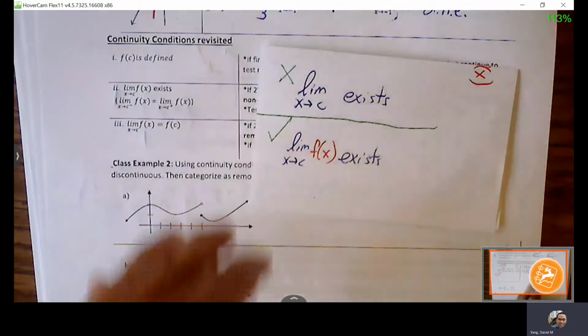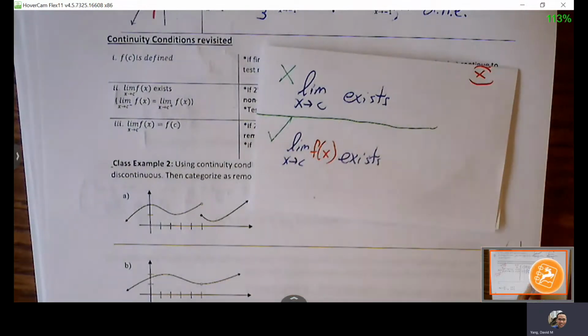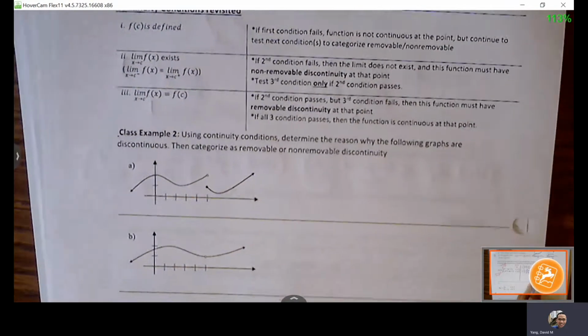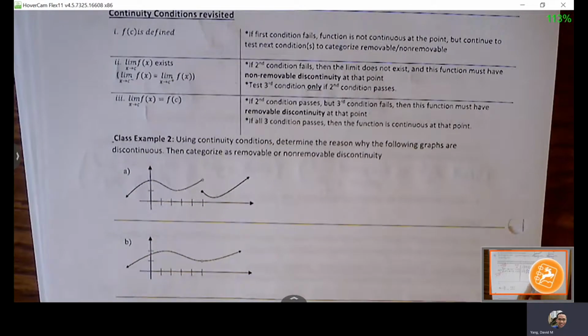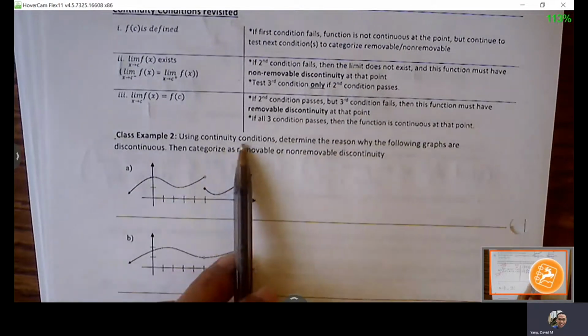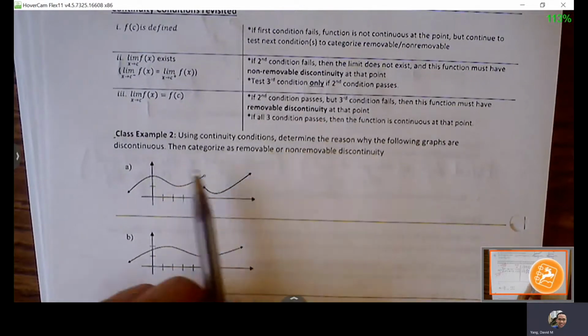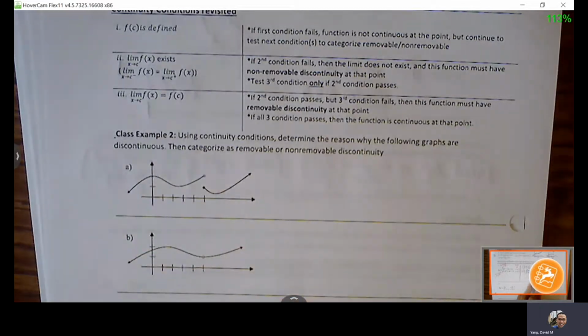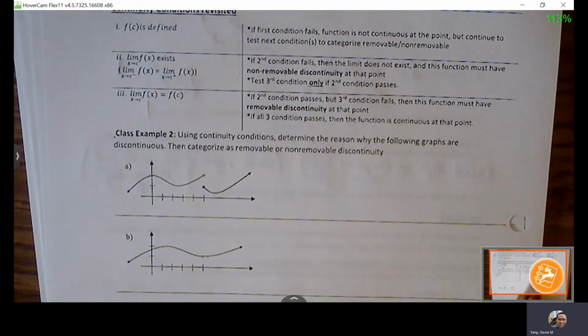And as we go through these problems, I'll walk around and see that you are starting on the right foot with the notations. So let's look at example 2A, and I'll walk through this first one with you. Using continuity conditions, determine the reason why the following graphs are discontinuous. Then categorize as removable or non-removable discontinuity.